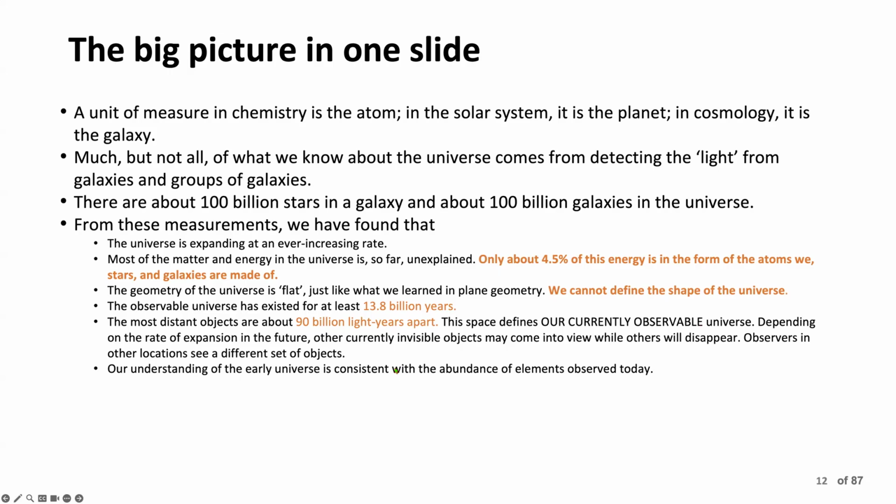We do have a major success in understanding where the atomic elements in the universe came from. And the reason I use the word success is we have to be careful in science to define how we know something is a fact. There are scientific facts.